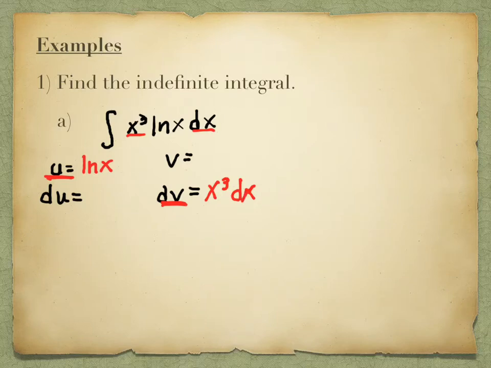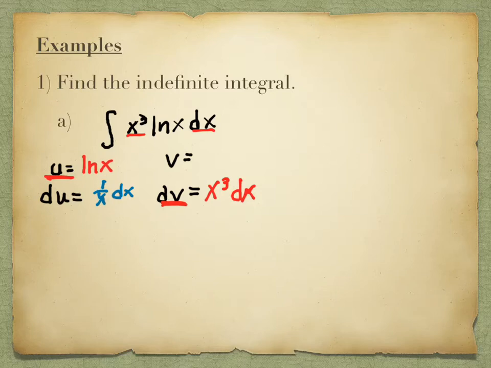All right, so once we have filled in those two pieces, because that is the formula we were given, now we actually take our derivatives and antiderivatives. So what is the derivative of ln x? 1 over x. And it's actually 1 over x dx, right? Just like when you do u substitution. Now, over here on the right-hand side, you see the dv. Now, dv is a derivative, so x cubed is a derivative.